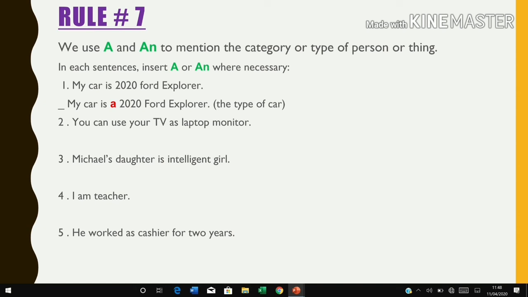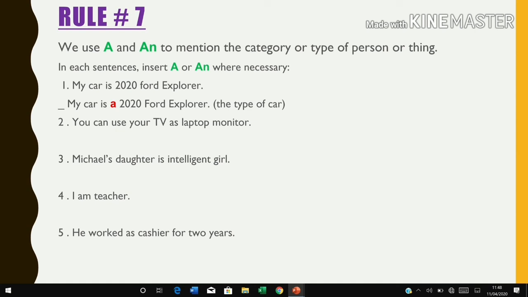The next sentence is "You can use your TV as laptop monitor." "Laptop monitor" is a noun phrase. It says what type of thing your TV can be used as.